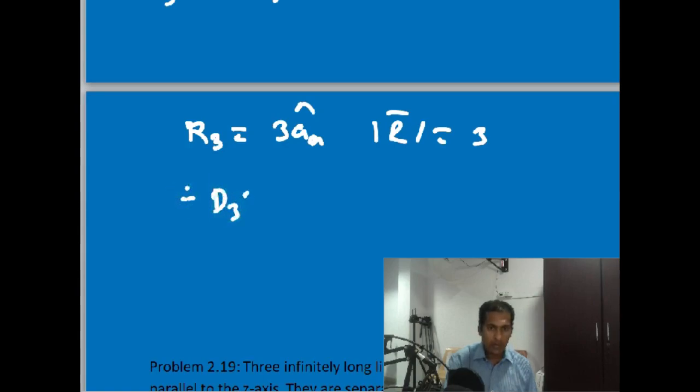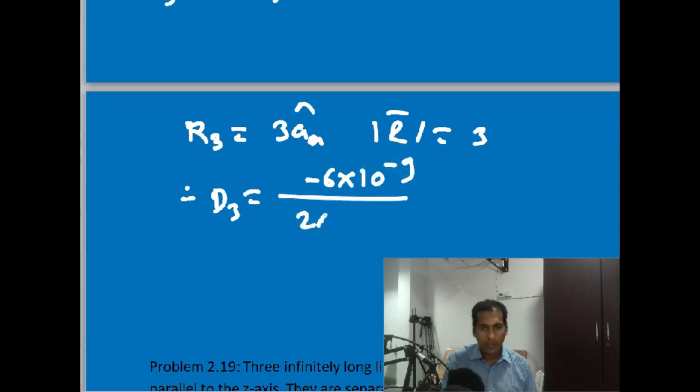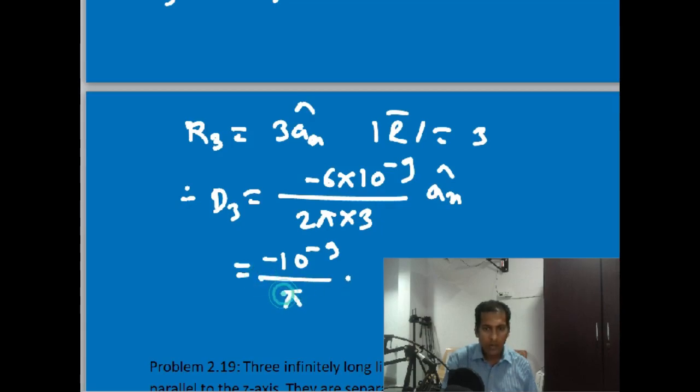So D3 will be equal to minus 6 into 10 to the power minus 9 divided by 2 pi into 3 AX cap, which will be equal to minus 10 to the power minus 9 by pi AX cap.